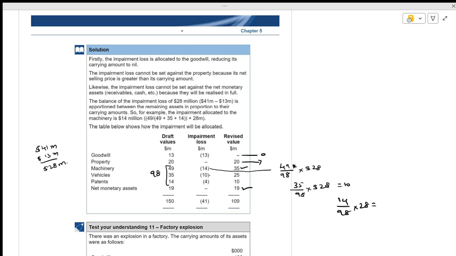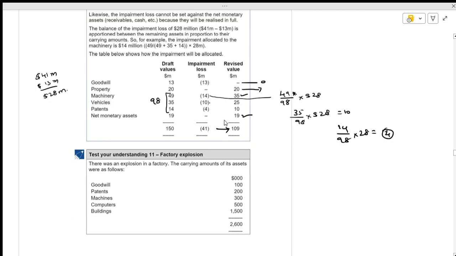This is the impairment loss allocated. 150 minus 49, what is the revised value? Revised value is 109.